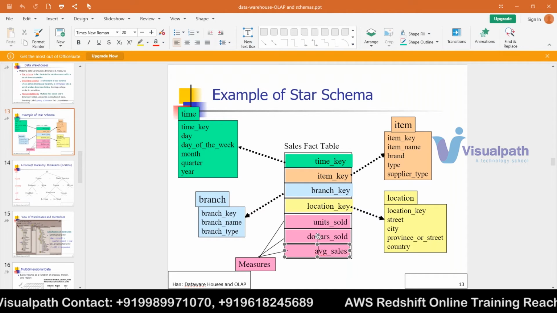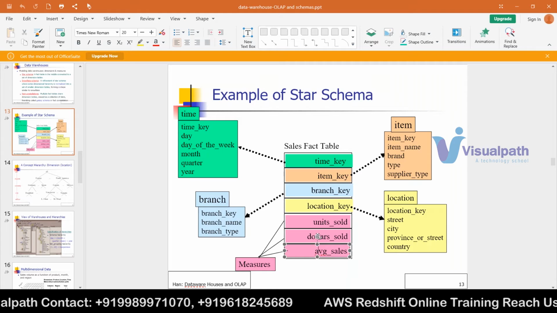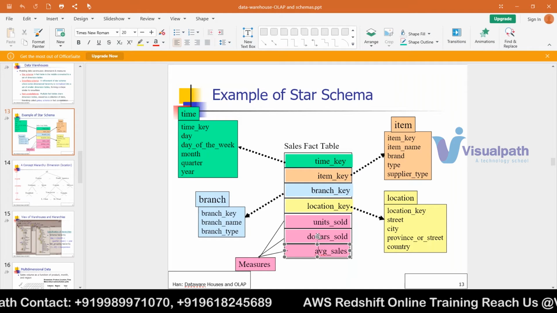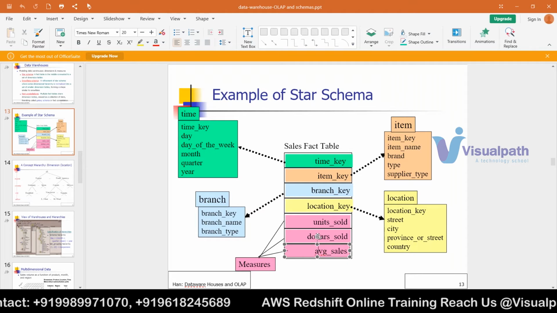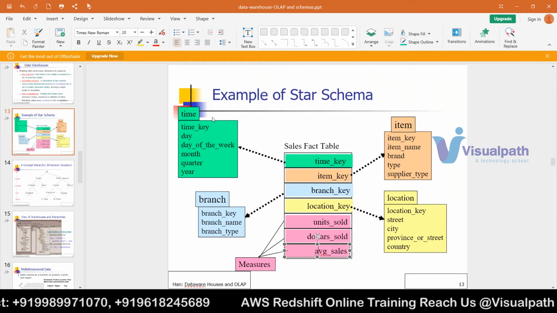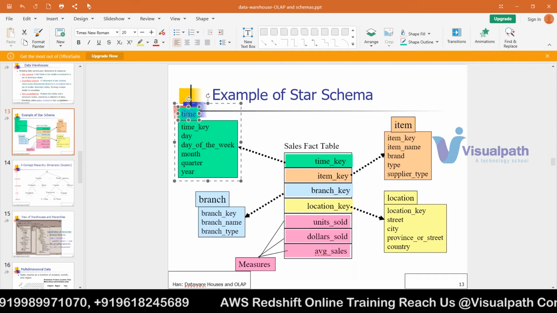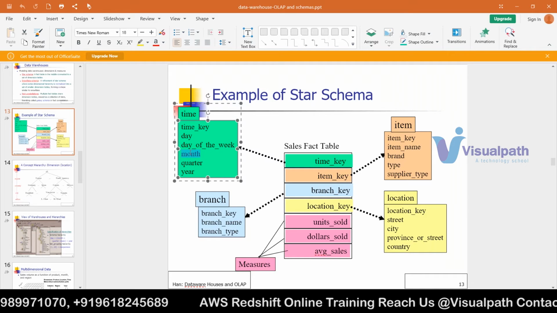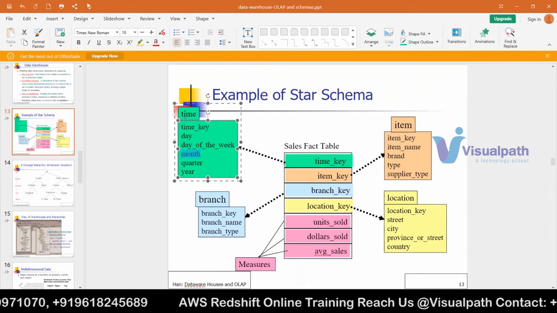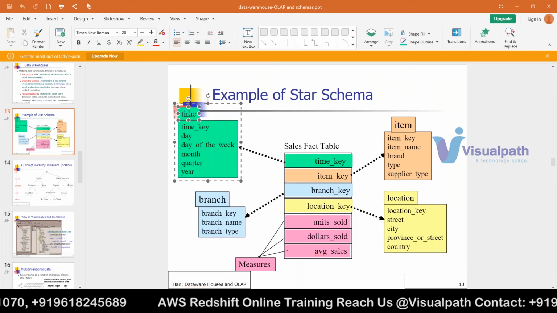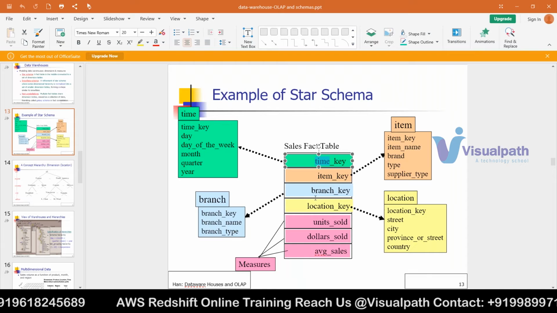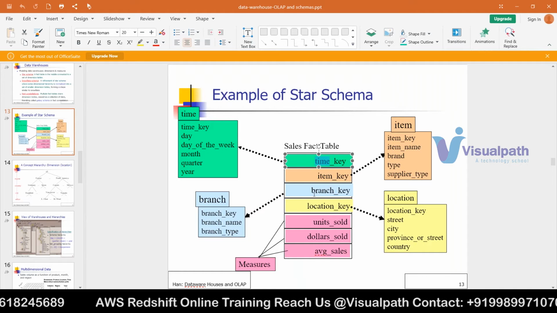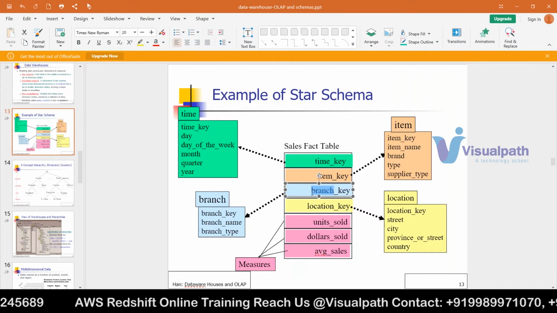Let's say we want month wise branch wise total sales. Then you have to bring in the time dimension also. See here, in the time dimension you have month. You have to join the time dimension with the fact table based on the time key, and the fact table again joins with the branch table based on the branch key.